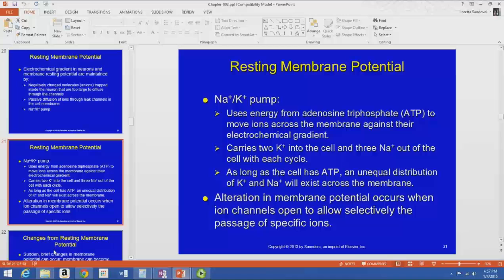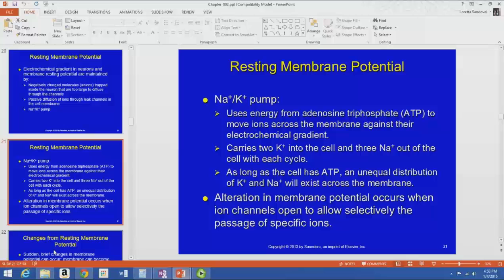So we have that resting membrane potential. And potential always means there's energy stored somewhere and we can do something with it later on. So we're using ATP to build up those energy stores, basically, just like we do in our other cells. But the neurons are specialized for transmission of information and processing of information.